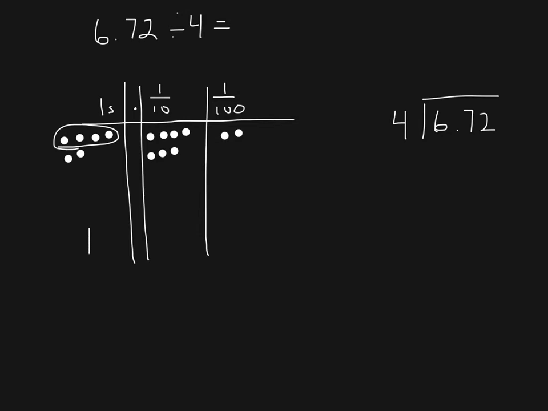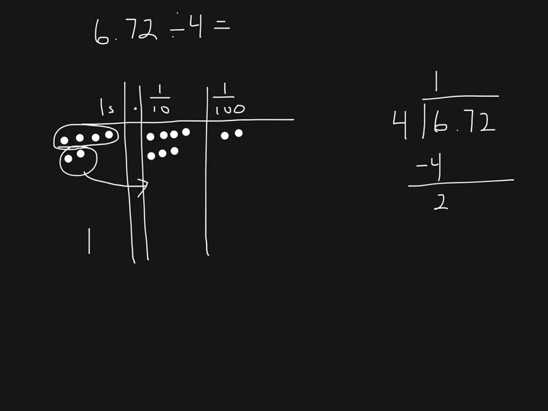And I have one group of 4, same over here, one group of 4, and then I have to take that group of 4 away and see how many I have left over. And of course I have 2 left over in the ones place, which I will move next door.